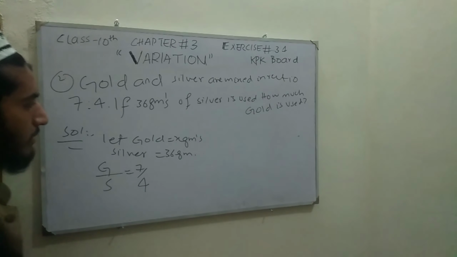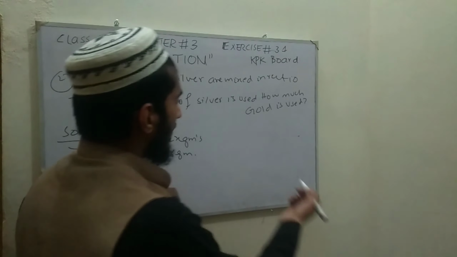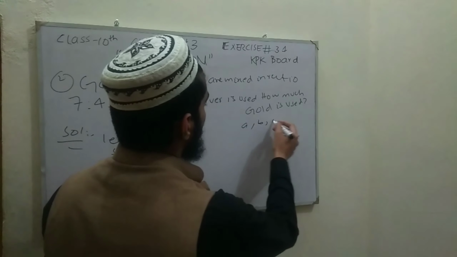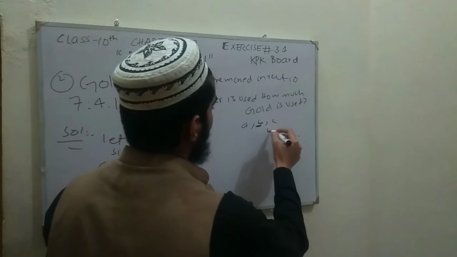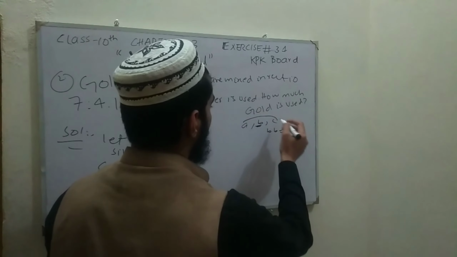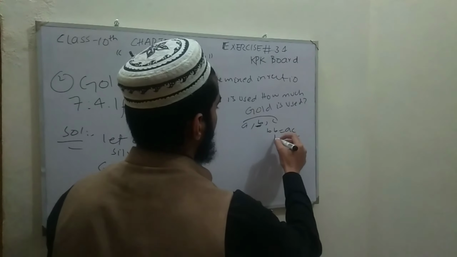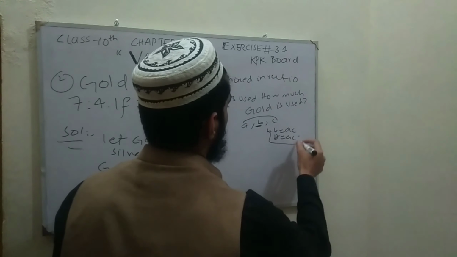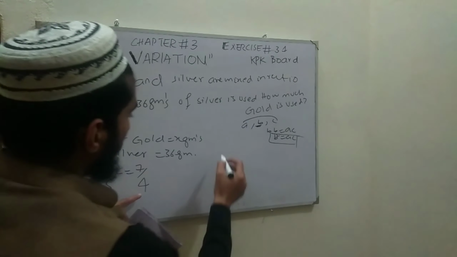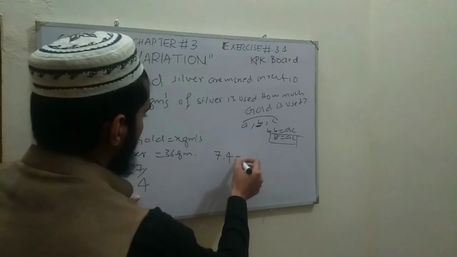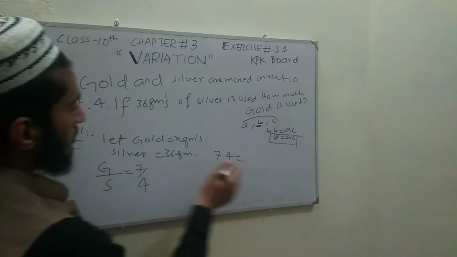Now using the continued proportion, let we have three numbers A, B, C. Their continued proportion means multiplying B with itself, equal to multiplying the extremes A and C. Using the same property here, 7:4 is equal to x:36.